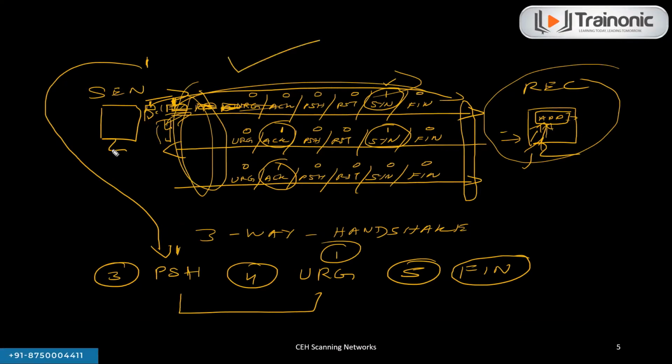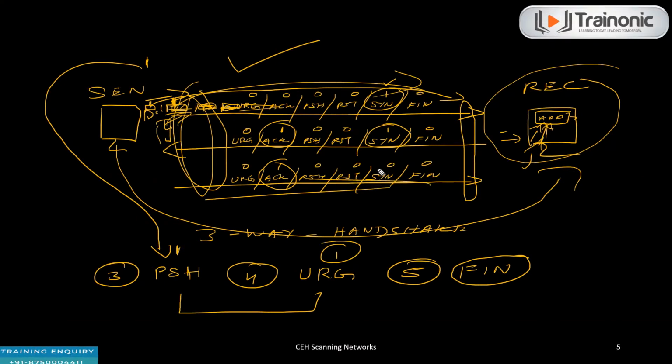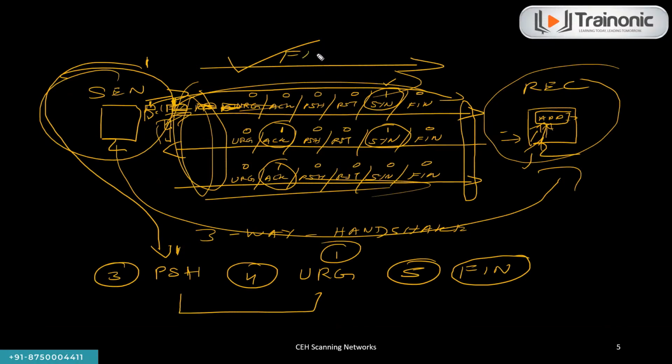Data has been sent from the sender to the receiver. When all the data has been transferred, the sender sends the fin bit: I'm done, I'm terminating the session from my side.